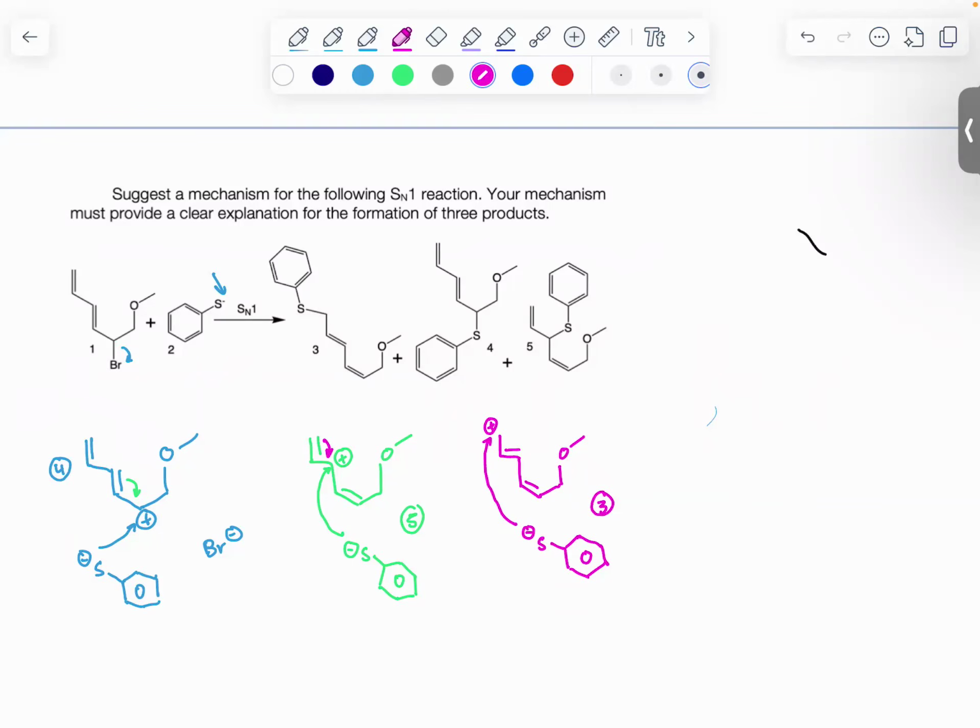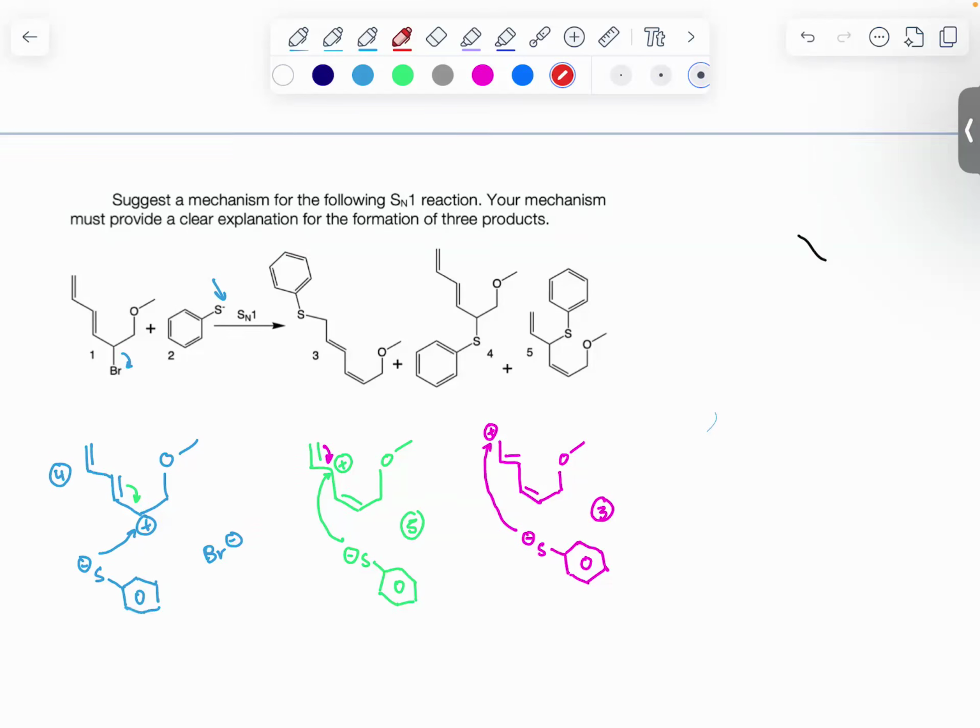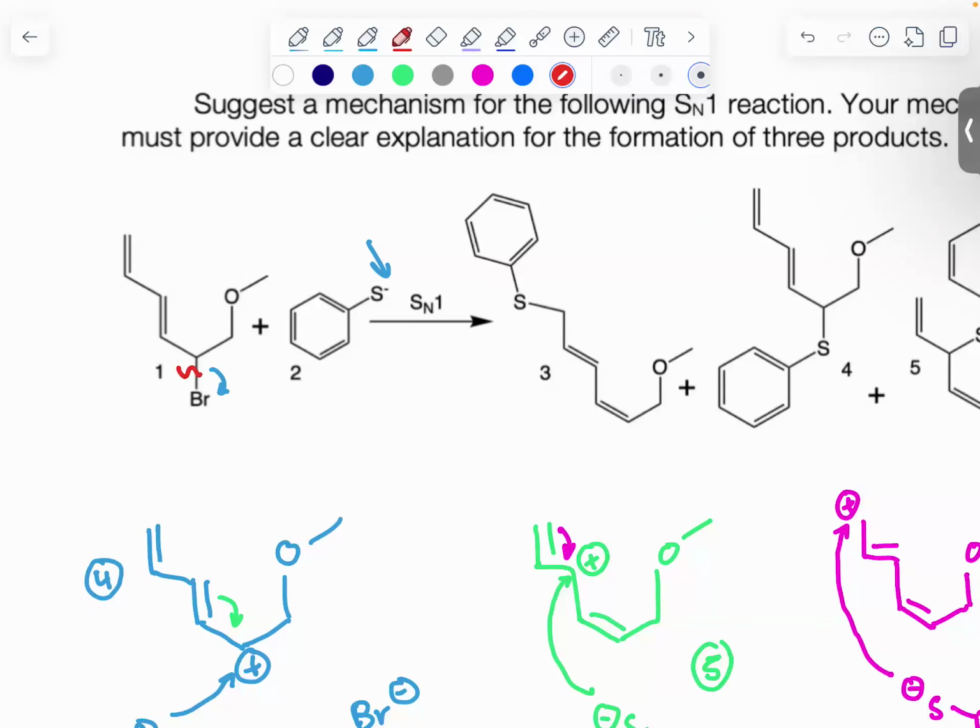What about disconnection analysis? What would I need to do differently to show this reaction using the disconnection analysis method? What's the first step? Disconnect. Our only disconnection is the loss of our bromine.